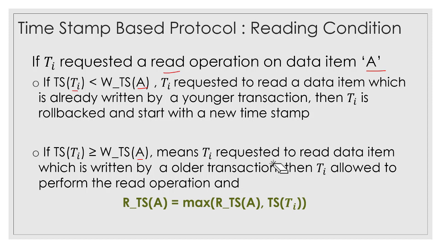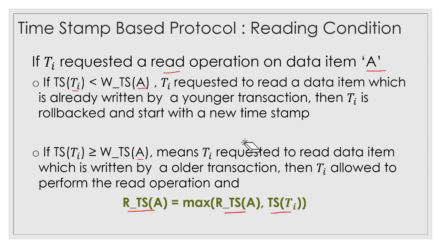So if Ti is the younger transaction which wants to read a data item written by an older transaction, we are going to allow Ti to perform the read operation, and the read timestamp of data item A will be modified to the maximum of these two: the current read timestamp of data item A or the timestamp of the transaction Ti.